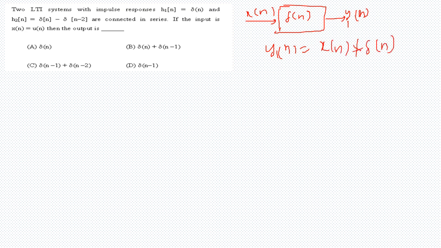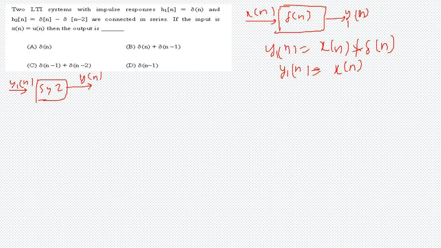Now we know the property that we have used earlier. This is just going to be x of n, because the convolution with del of n gives you the same signal. Now this is going to be the input to the second system. So y1 of n is the input to the second system.